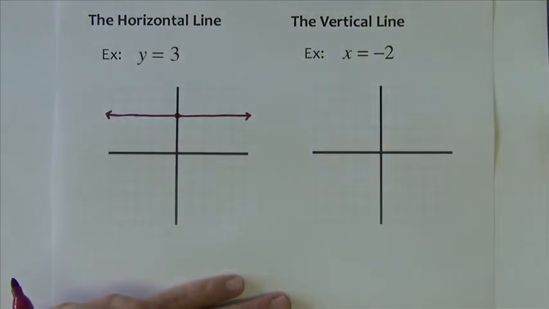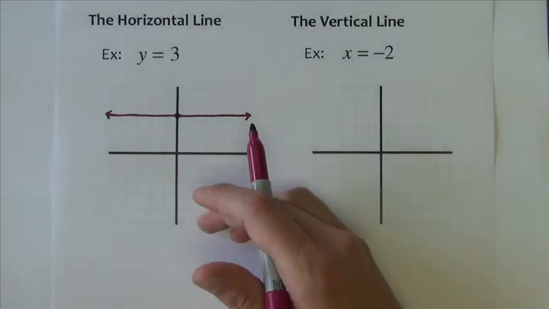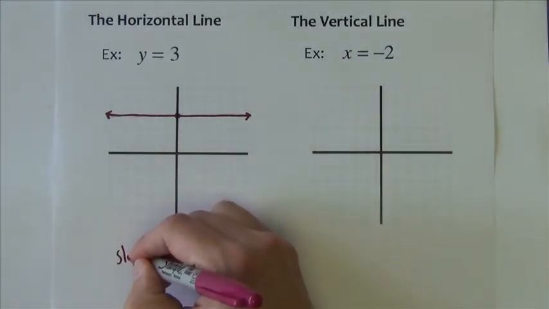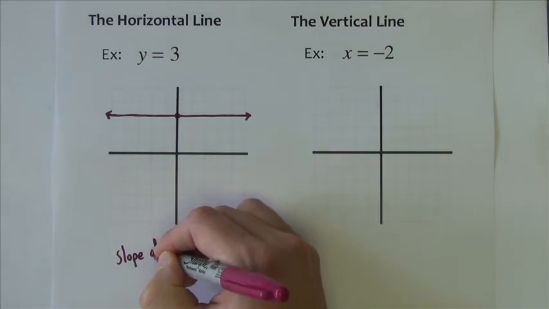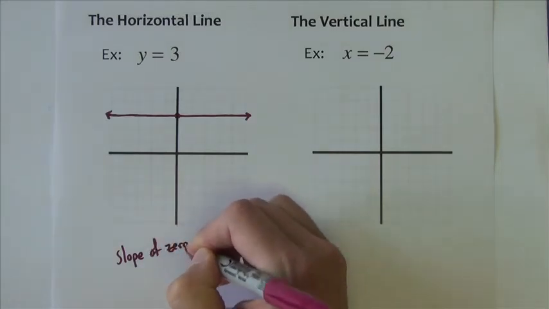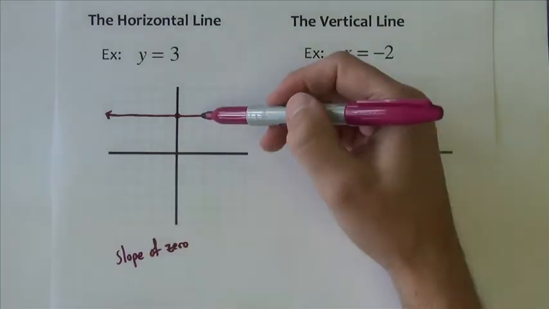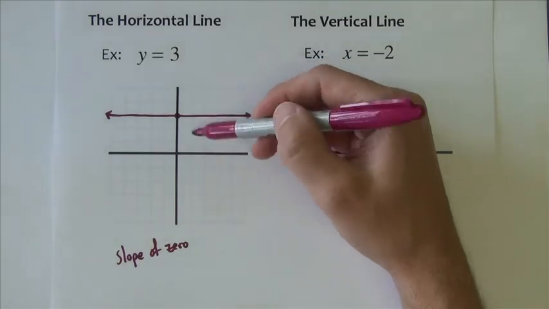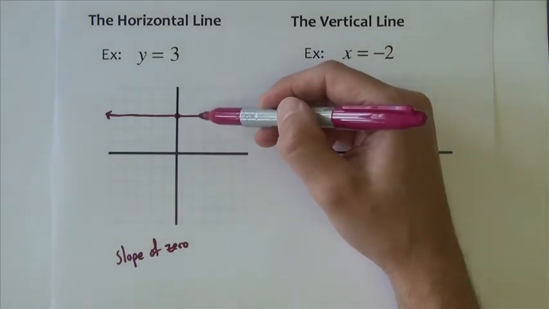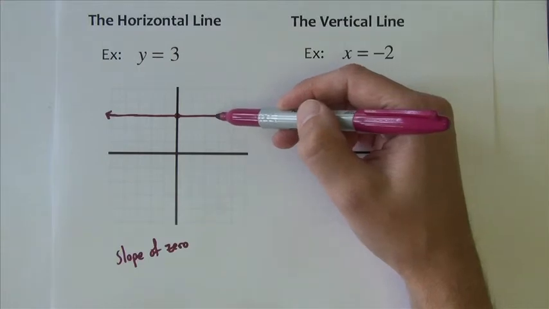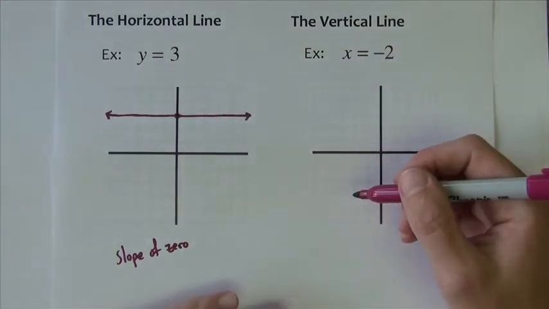There's y equals 3. Okay. All horizontal lines have slopes of 0, as there is no vertical change. It'd be like a slope of 0 divided by something to just move horizontally.